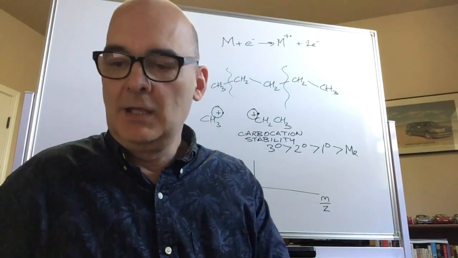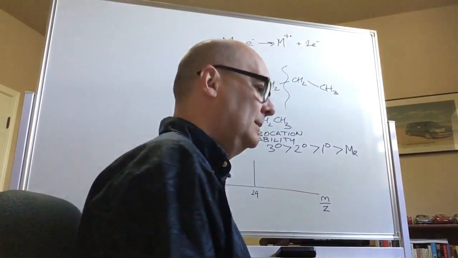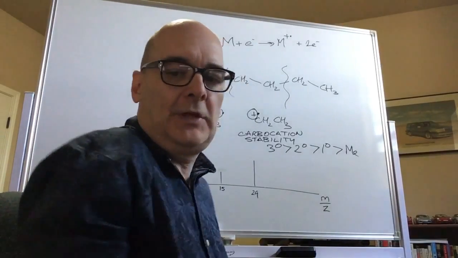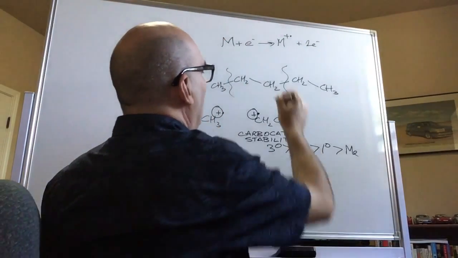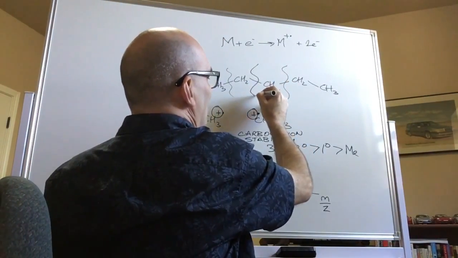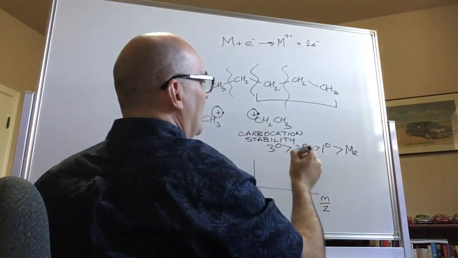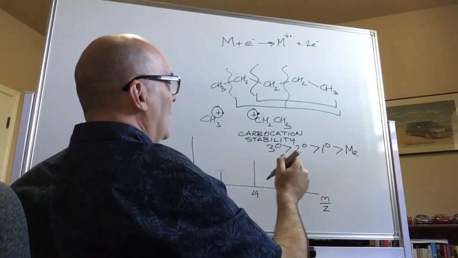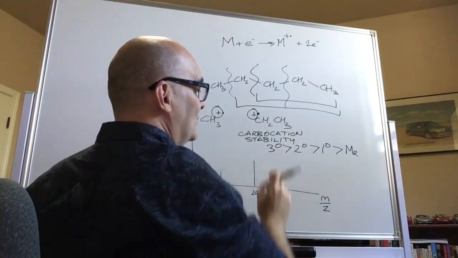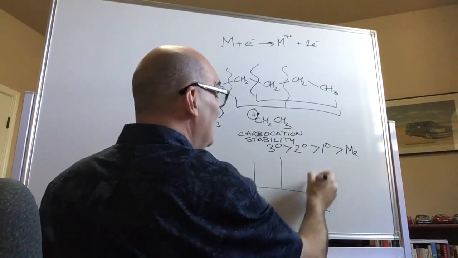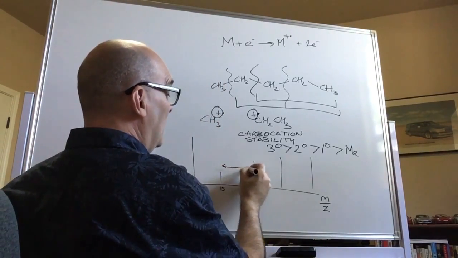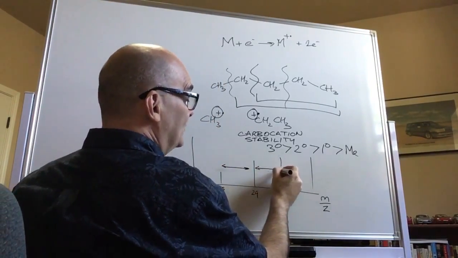Okay. So that pentane, 1, 2, 3, 4, 5, that I made here, could fragment into a 3-carbon block. It could fragment into a 4-carbon block. It could fragment into a 2-carbon block. So what I would be expecting to see would be lines.